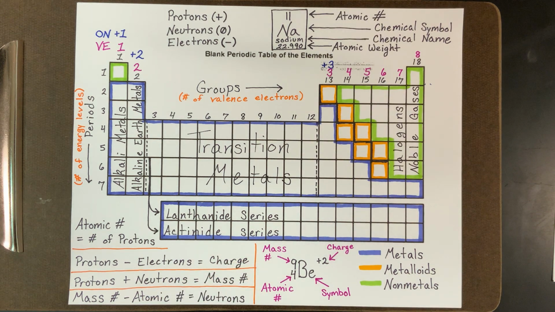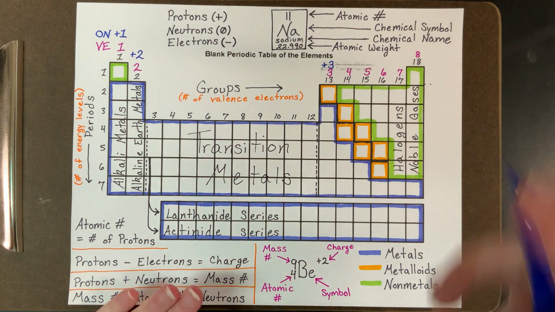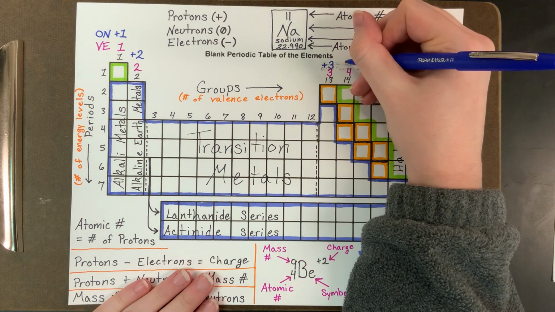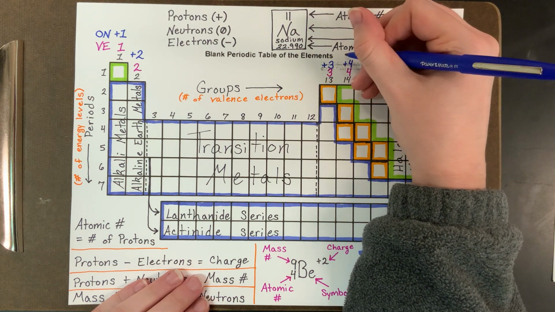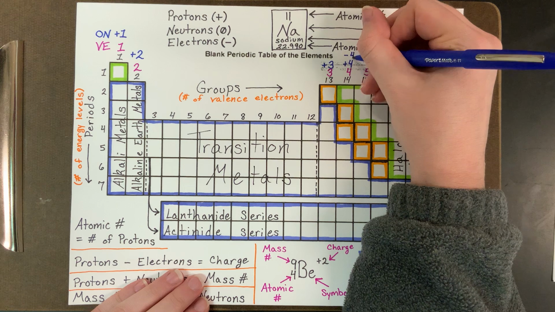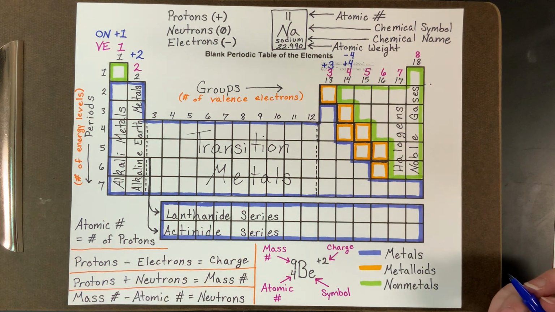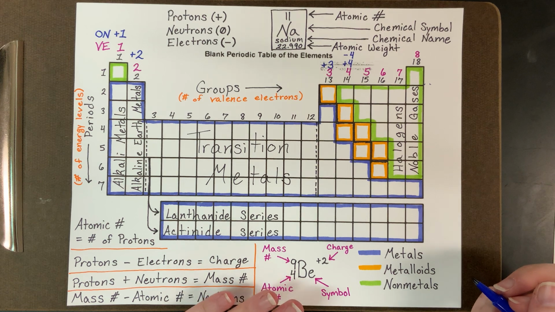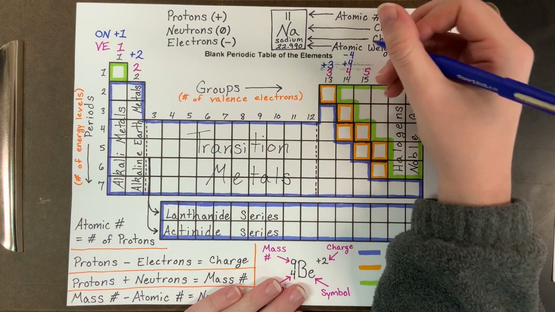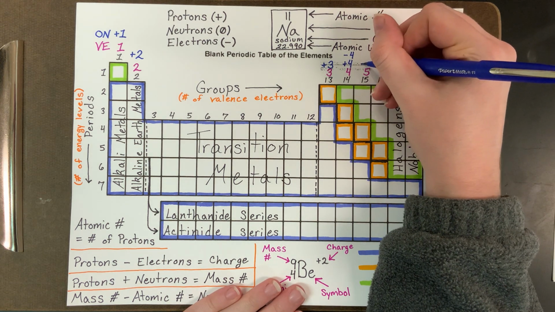Group 14 is special. I can either gain or lose 4 electrons. So group 14, I can either lose and end up with a positive charge, or I can gain and end up with a negative charge. It can act as both. Group 15 has 5 valence electrons. Therefore, they want to gain 3.